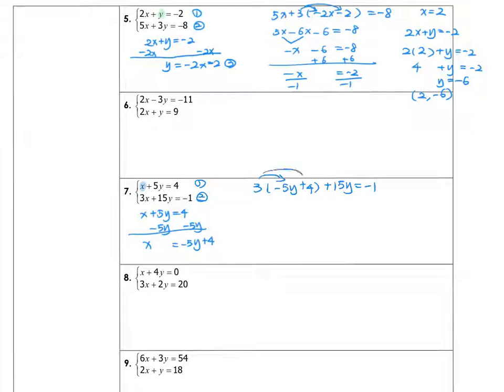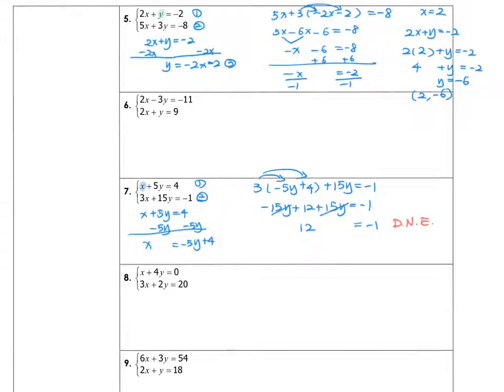And now if I distribute, I get negative 15y plus 12 plus positive 15y equals negative 1. Whoa, look at that. These two cancel each other. So I have a statement that 12 equals negative 1. And this we know does not exist.